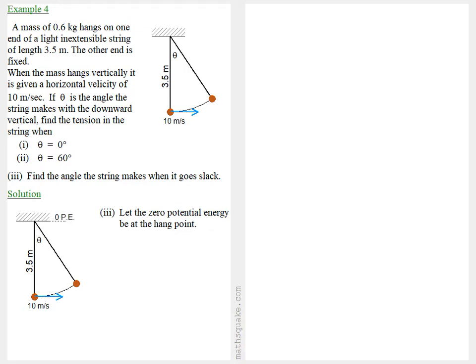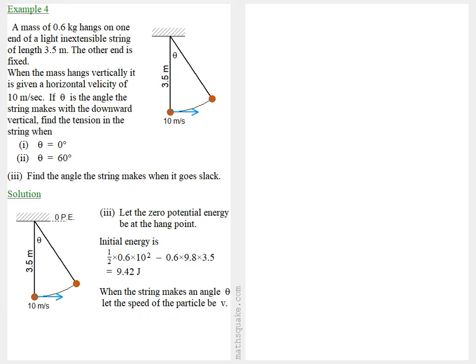Now initially, the pendulum has a speed of 10 meters per second and hangs 3.5 meters below the hang point. So the initial energy is a half times 0.6 times 10 squared minus 0.6 times 9.8 times 3.5, which works out to be 9.42 joules.